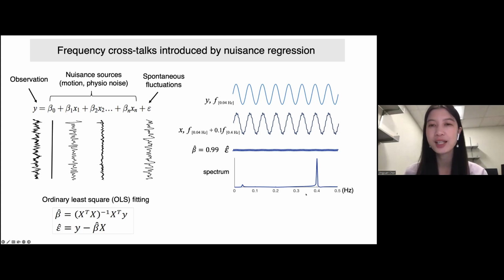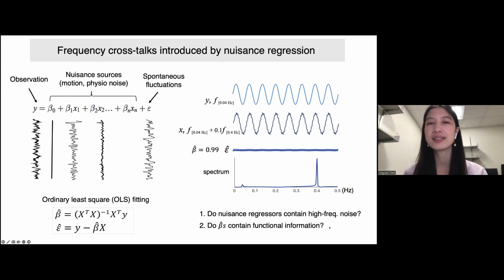So what do we care about first is, do those nuisance factors in fMRI preprocessing contain high frequency noise? And second, because the magnitude of the introduced high frequency component scales positively with the regression parameters of the low frequency signals, we also wonder whether the regression parameters contain functional information that can propagate to these high frequency parts.